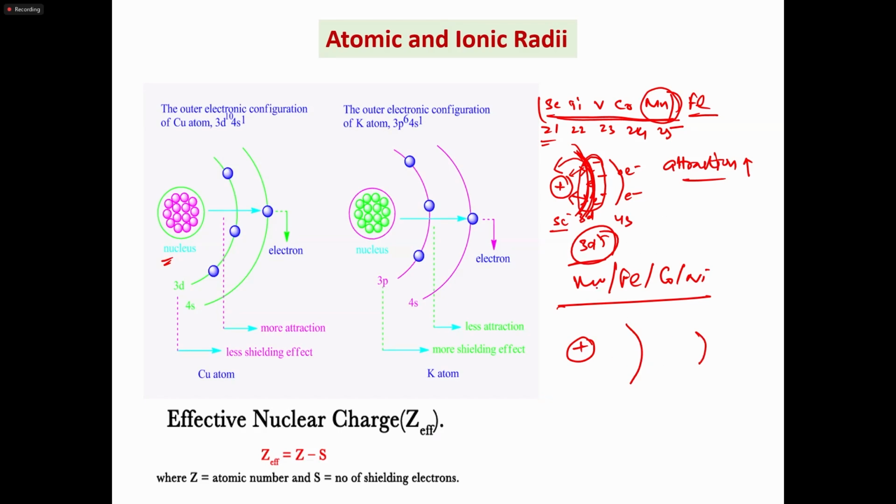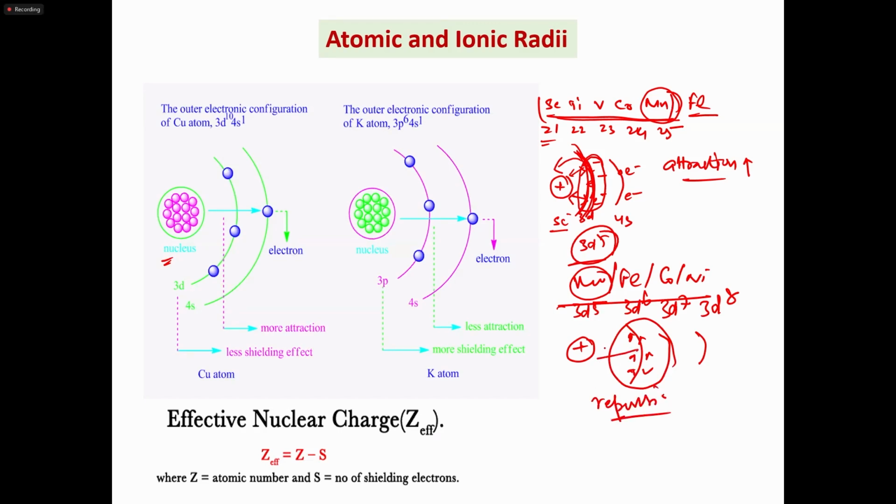For manganese it is 3d5, then 3d6, 3d7, and 3d8. So from manganese to iron, iron to cobalt, cobalt to nickel, the number of electrons in these d orbitals increases, and another factor comes in. This is the repulsion.